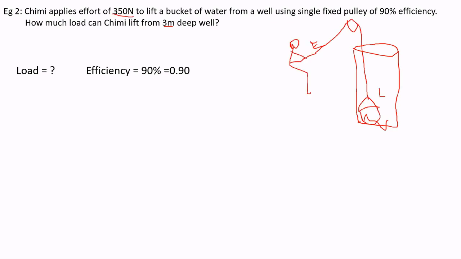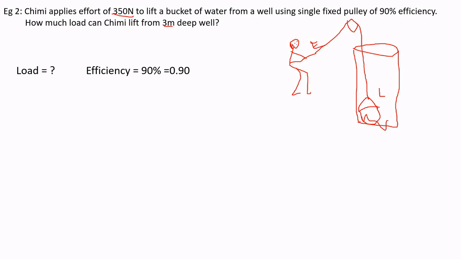In olden times, especially in the plain areas, people used to dig a deep hole underground and fetch water from that deep well using a pulley. So this person is applying an effort of 350 Newton and pulling the water from underground.